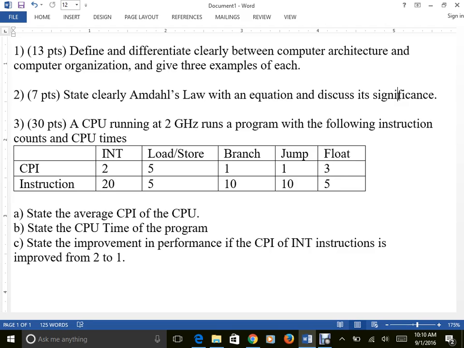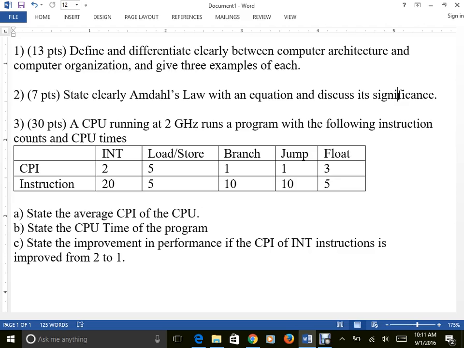Execution new equals affected over speed up. Yeah, but just use an equal sign. Affected over speed up.